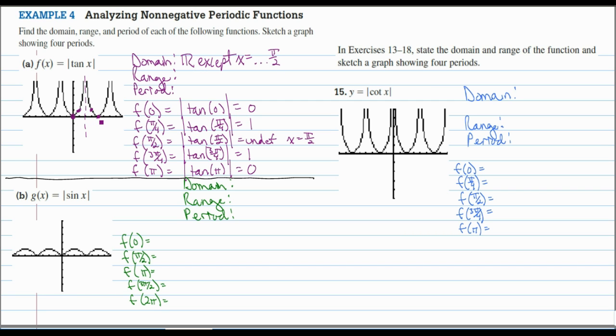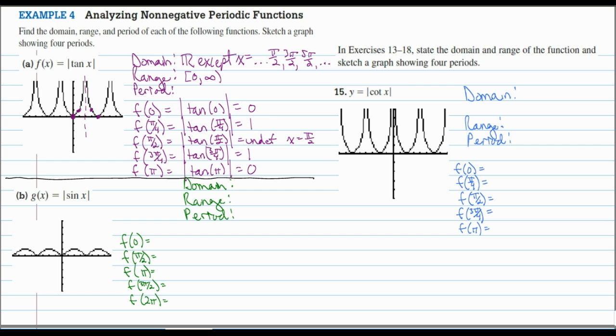The next one is going to be out here at, let's see, this is pi, so 3 pi over 2. And then that one, following the pattern, the next one out is going to be 5 pi over 2. The range of the absolute value of the tangent function is going to be 0 to infinity, including 0, because we will have values that output 0.